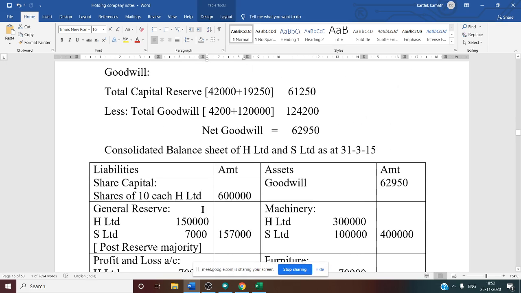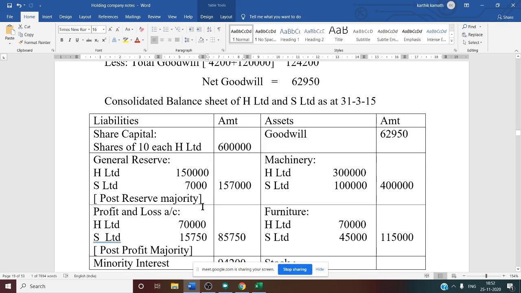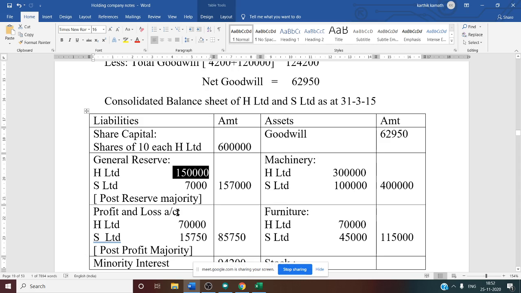After this, what else comes? General reserve. Now, the general reserve of H Limited is given in the question. That is in the balance sheet, 1 lakh 50,000 is given. But for S Limited, when you are writing, you should not consider whatever is given in the balance sheet. Instead of that, you have to see the majority interest working note.